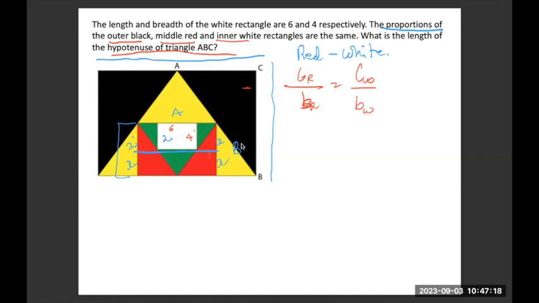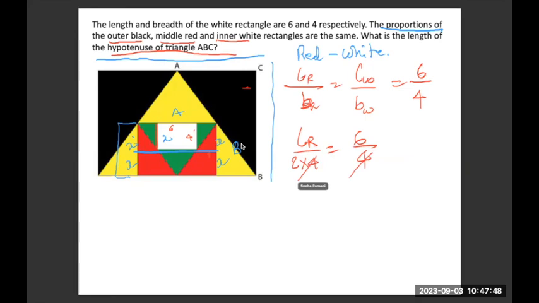I know the white part: the length is 6 and the breadth is 4. So 6 by 4. I also know that the breadth of the red part is 2x, or 2 into 4, which means 8. So length of R upon 8 is equal to 6 by 4.